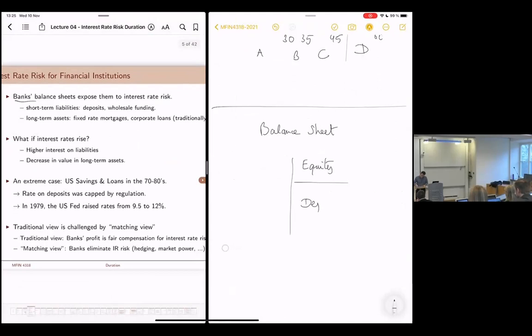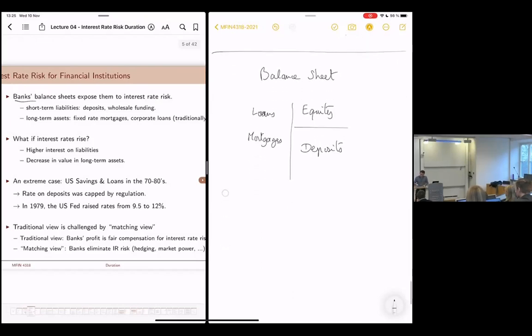The main source of financing is deposits. And here you have loans, mortgages as well. Now, what banks typically have is long-term assets and short-term liabilities, right? This property is called maturity transformation. Now, this will have an impact on the type of interest rate risk that they're bearing. So how to think about that?